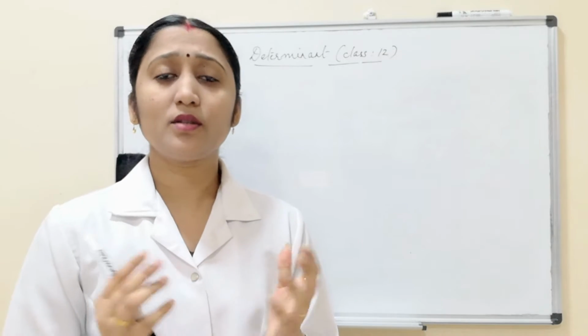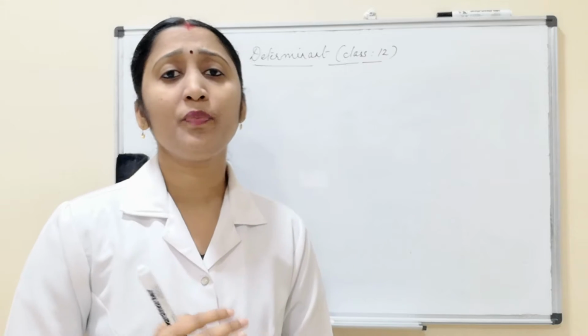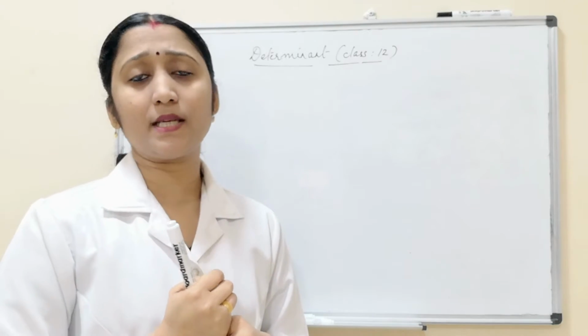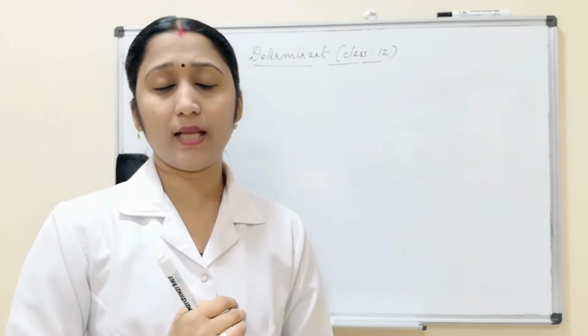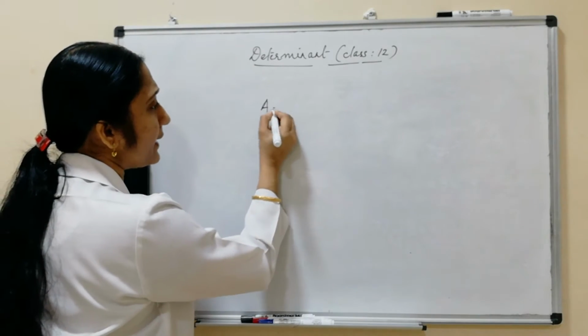As you know, what is meant by a matrix? A matrix is an arrangement of numbers in rows and columns. For example, A is a matrix.